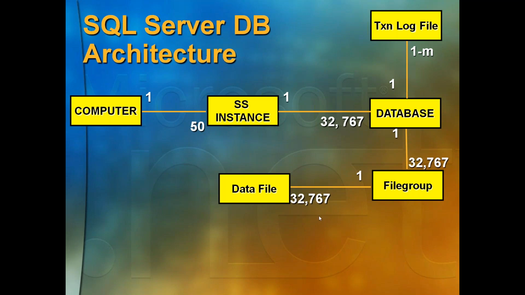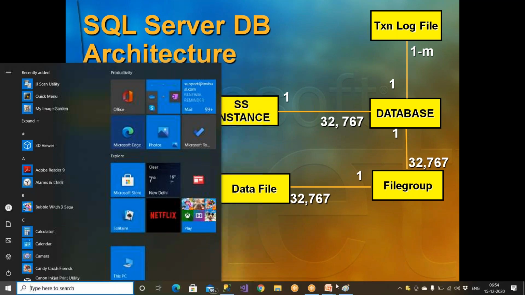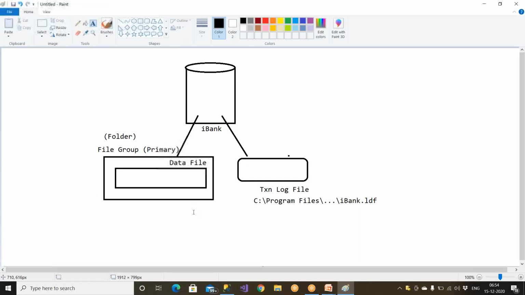Guys, clear? So by default, you will get one data file. Let me show my paint. So I'm going to have one data file. A data file is divided into pages.